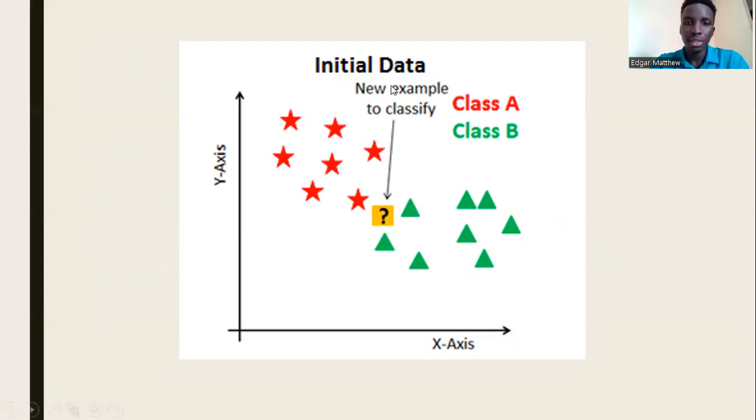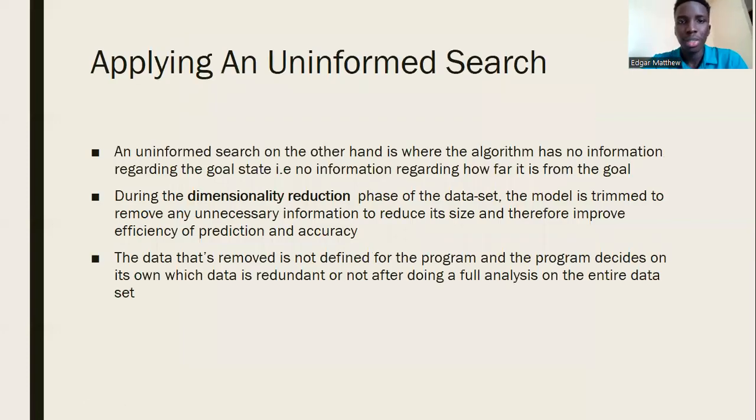So if it were nearest to the green group class B, then it would be classified as cancerous. If it were nearest to class A, then it would be classified as non-cancerous. So the goal is whether it's near class A or class B, and with that, that's how we would be able to use the informed search, since the algorithm would know what the goal is and how far it is from the goal.